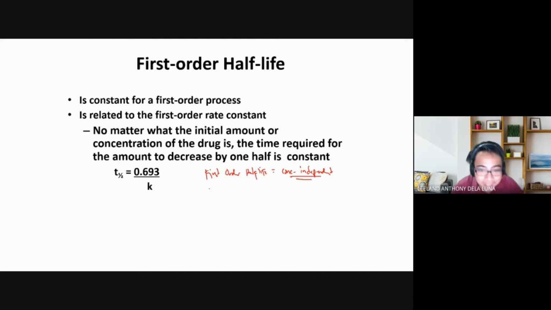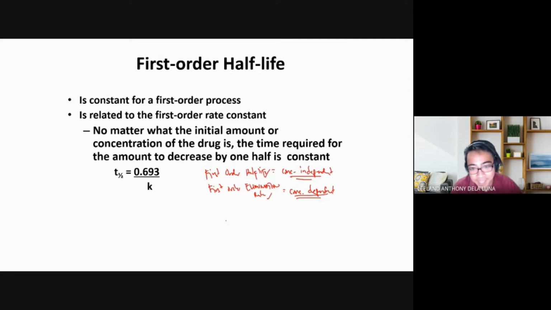But, ayan yung but, first order elimination rate is concentration dependent. Meaning, the rate of elimination is directly proportional to, or dependent on, the initial concentration. Kaya siya concentration dependent. See the difference? First order half-life versus first order elimination rate.